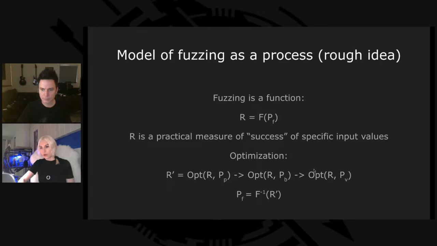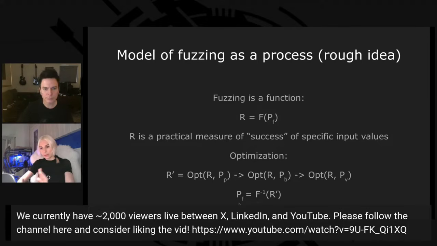This can be implemented either algorithmically or with machine learning. And then after this optimization, assuming that we have calculated the correct value of results, we can somehow reverse it and calculate the correct probability distribution of the fuzzer that will lead immediately to better results in vulnerability discovery. This is just some basic idea of how it looks.